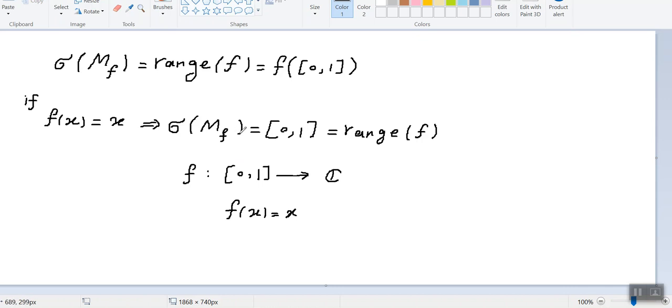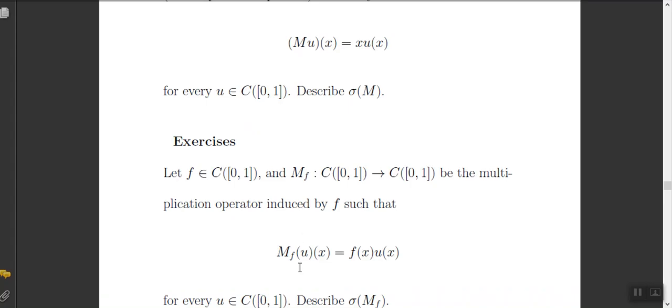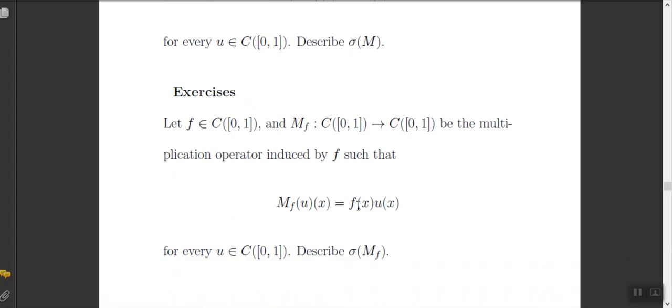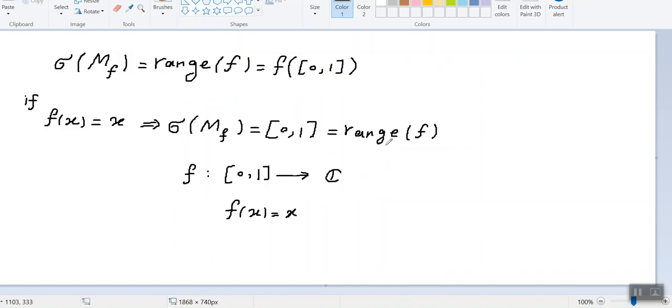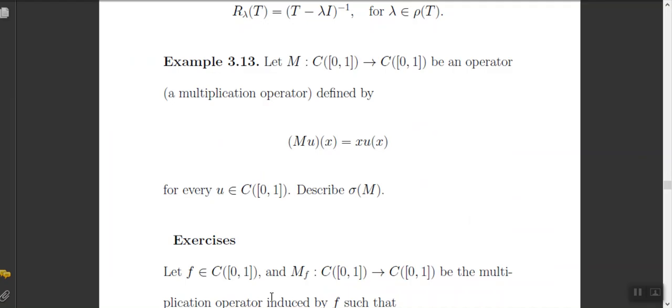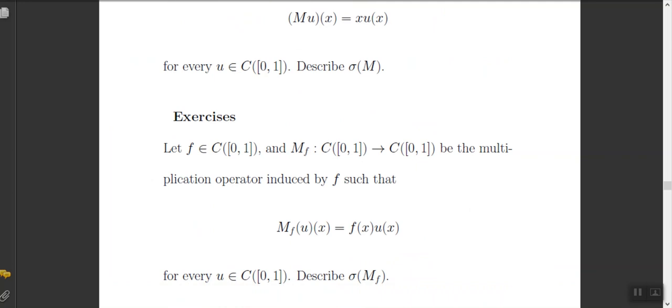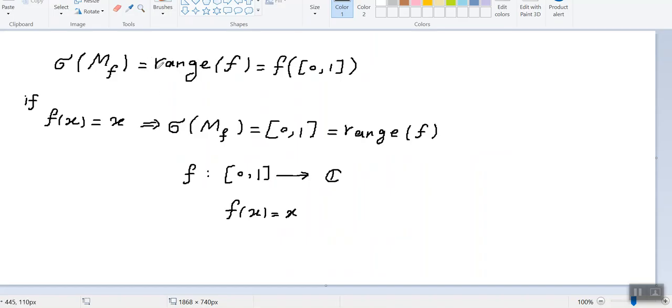So you can see that in this example, if f(x) equals x, it becomes this operator here, and the spectrum of M_f was the closed interval [0,1]. And the closed interval [0,1] is the range of this function. Okay, so the answer is this, but you have to prove it.